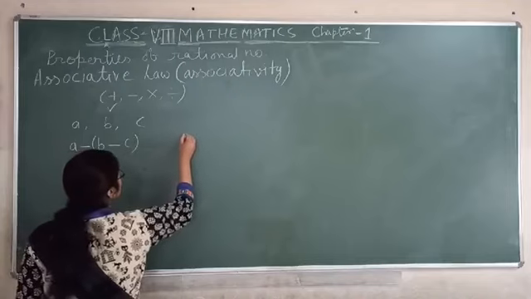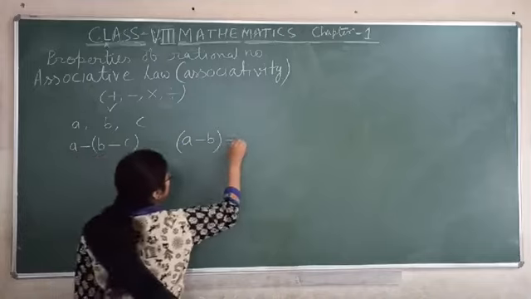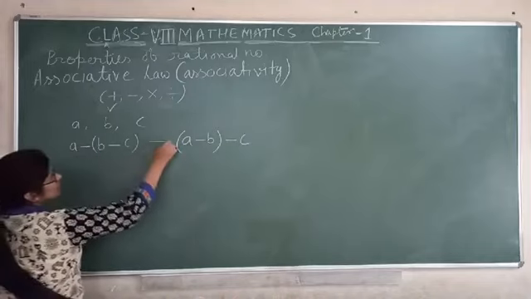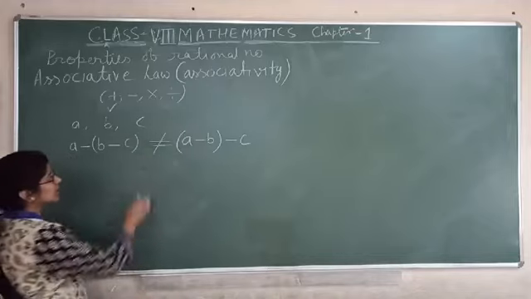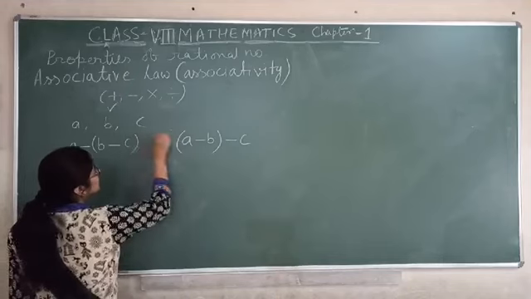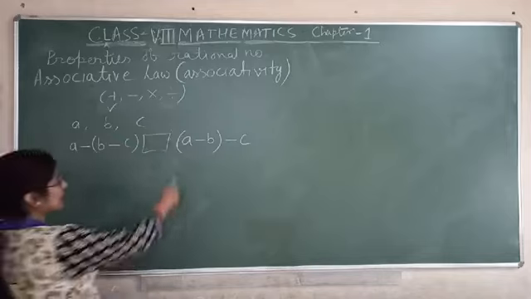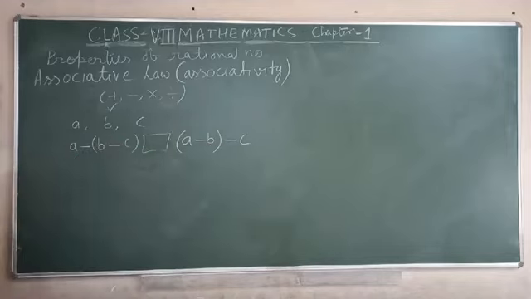A minus B and minus C. If this law is applicable, we will put an equal sign here. If not, we will not. Presently we are leaving this place as it is, just checking. So A minus B minus C should be, if applicable, A minus B within bracket, then minus C.